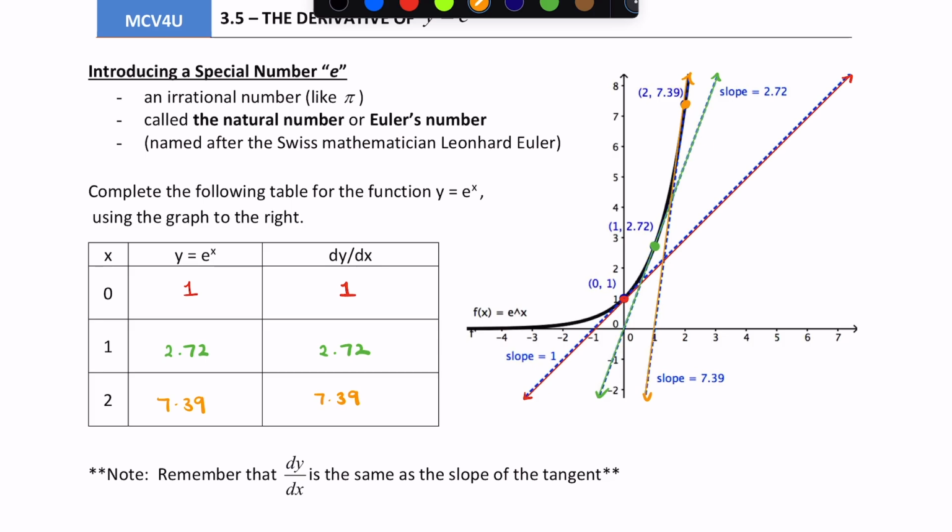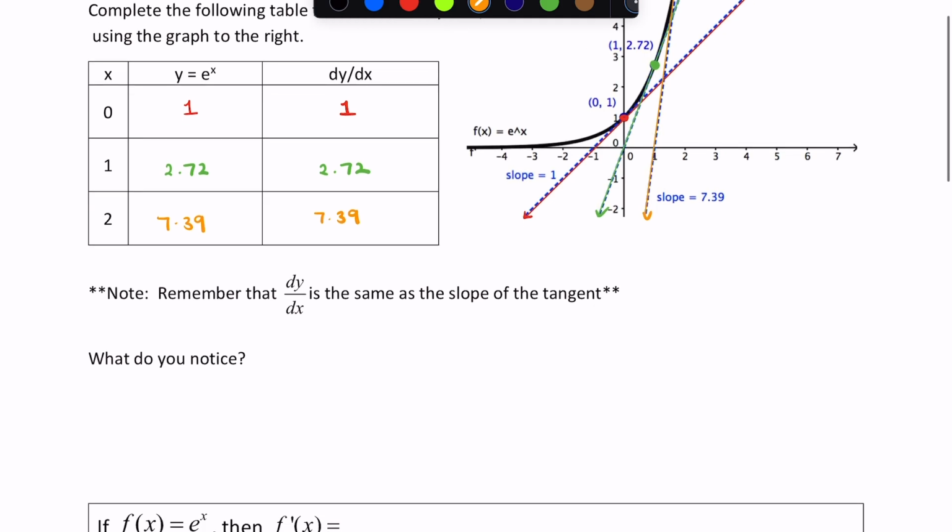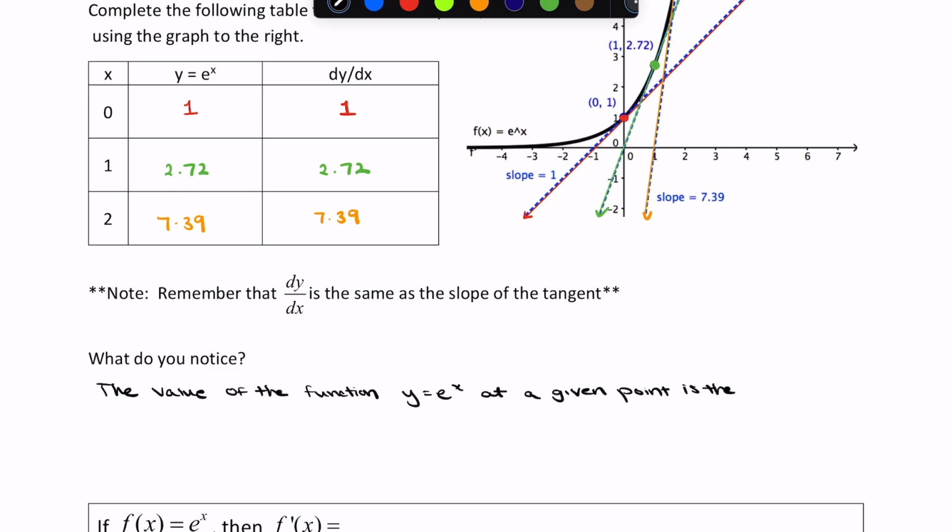And what's interesting about this is that we notice the value of the function y is equal to e to the power of x at a given point is the same as the derivative.